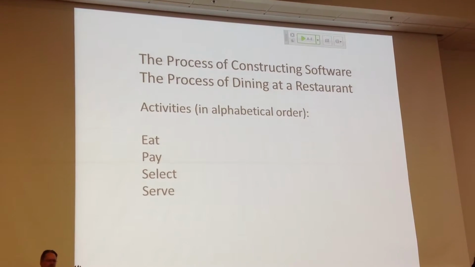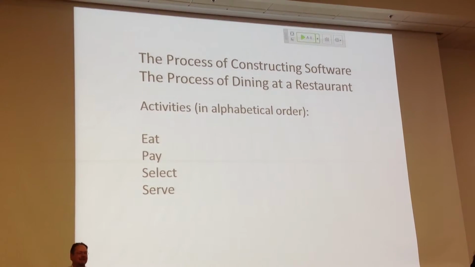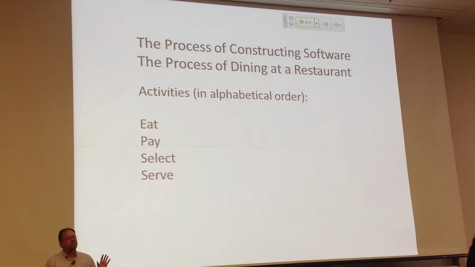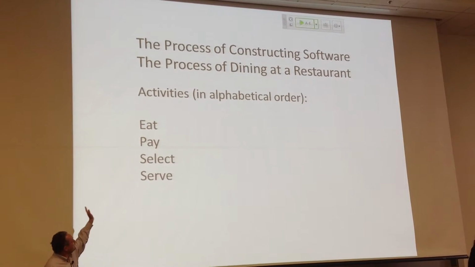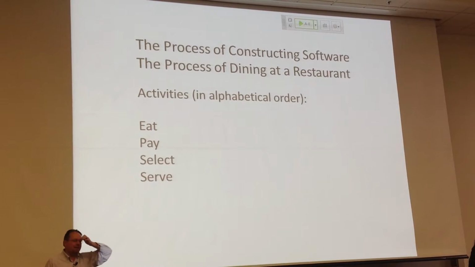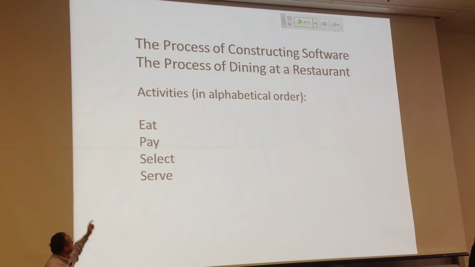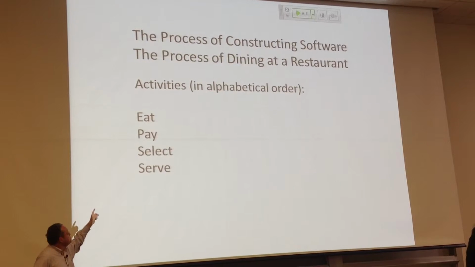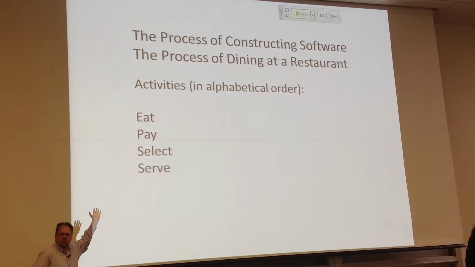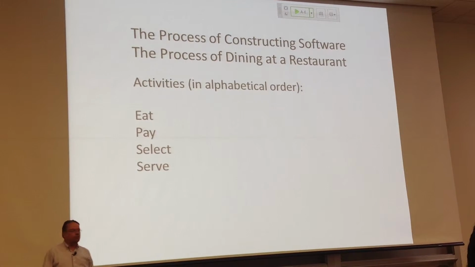Model means simplified version. It means I know I'm leaving things out. For right now, I'm going to just have 4 things. When you go to a restaurant and eat, these 4 things happen. I've listed them in alphabetical order: you eat, you pay, you select what you want to eat, or choose, and you're served.